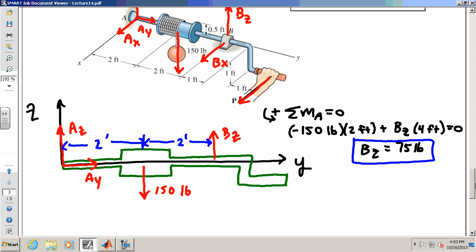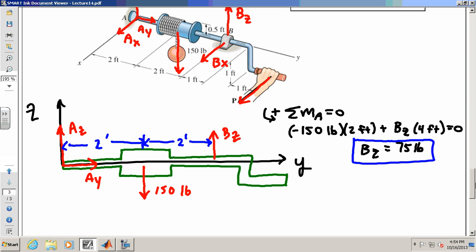Anybody have any other thoughts on what I can do with this picture? What do you do to find AZ? You could sum moments about B, certainly, you're right.